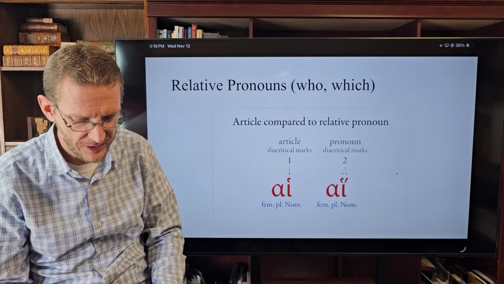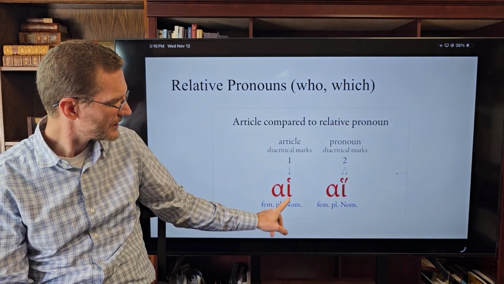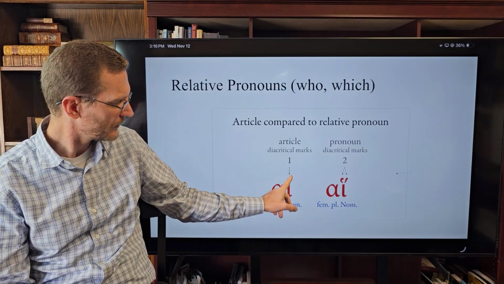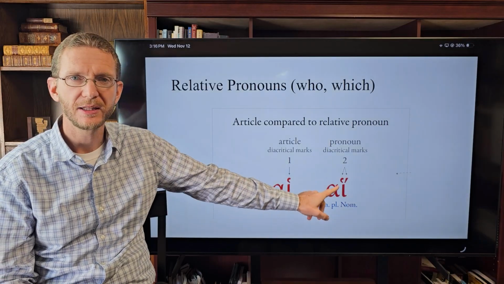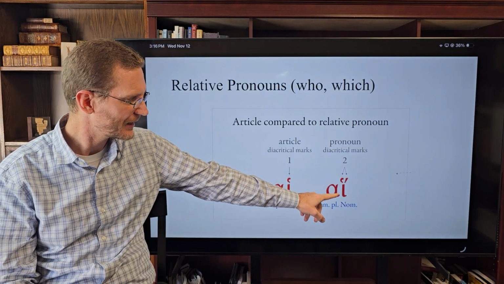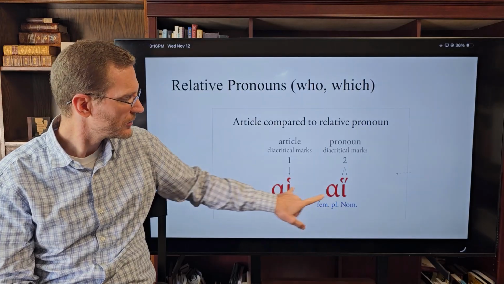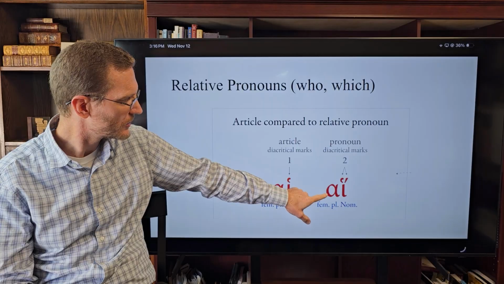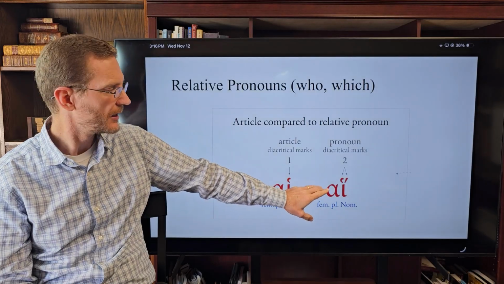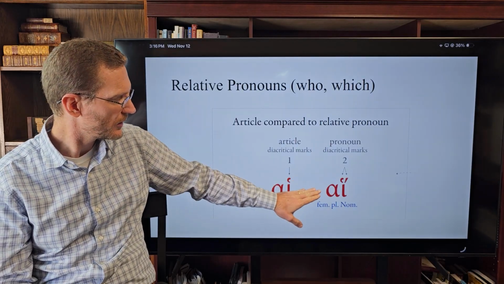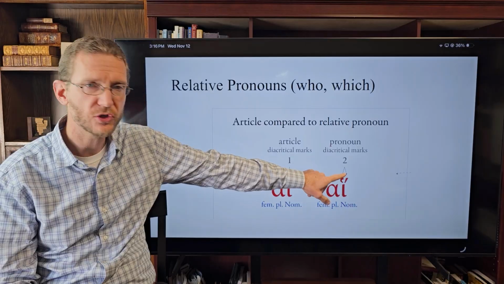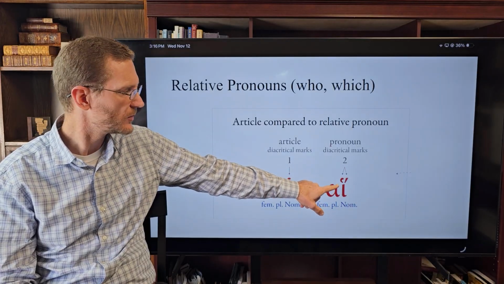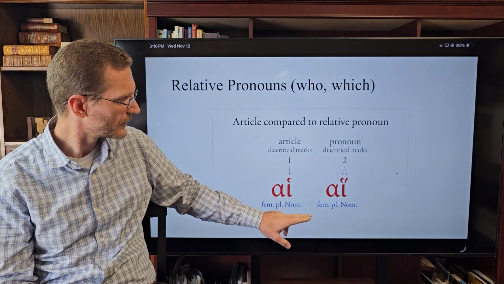Now, this right here, which says hai with the rough breathing mark, and this over here, which says hai with the rough breathing mark, these are two different words. This one is the definite article. This one is the relative pronoun. Now, the only difference between them is then what? This extra diacritical mark, which means this extra accent mark.